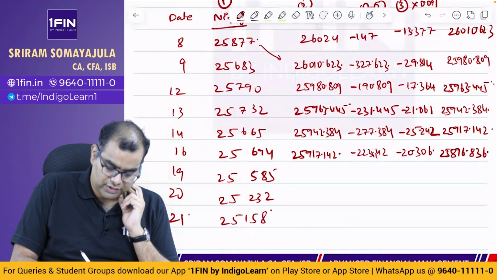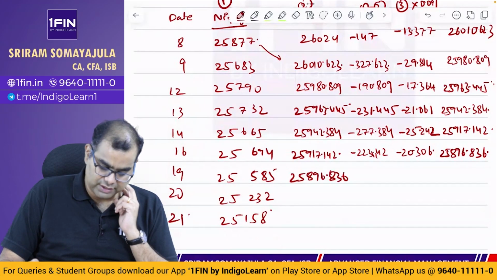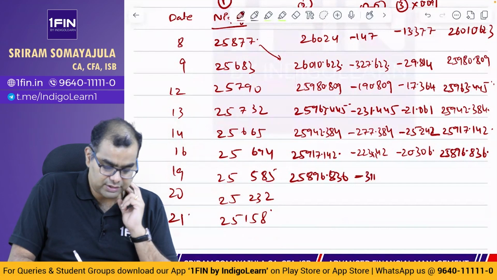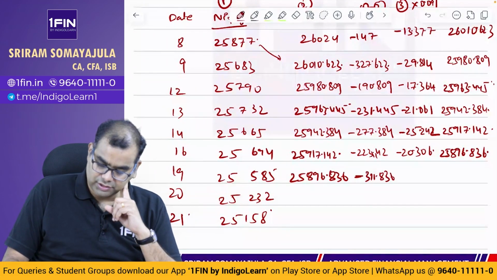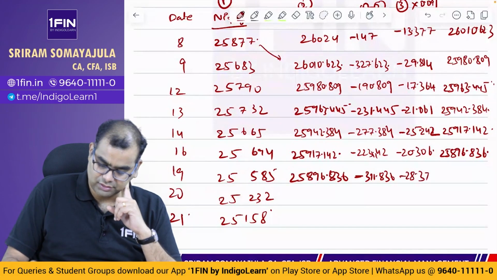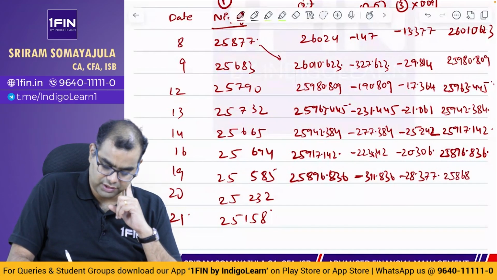Then 25896.836 minus 25585, you get minus 311.836 into 0.091, you get minus 28.377. So 25896.836 minus 28.377 is equal to 25868.459.